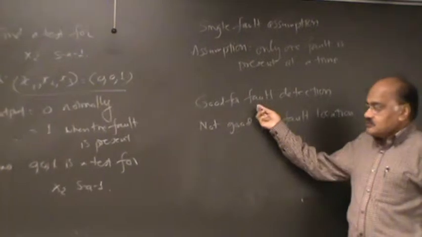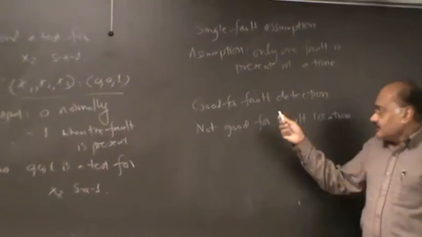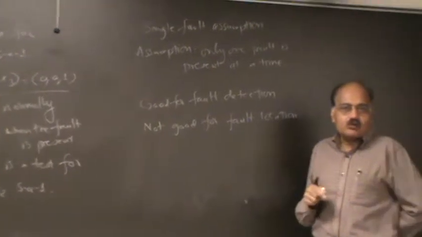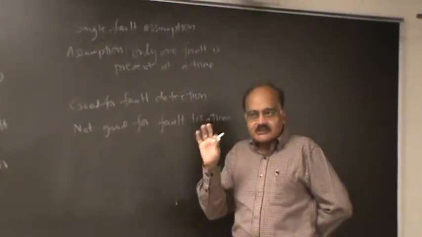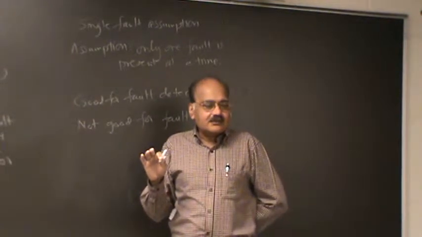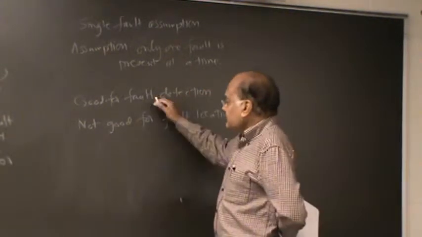So if your objective is to see if something is good or bad, if you want to simply detect a fault and say whether this has a fault or not, then this is a good assumption.